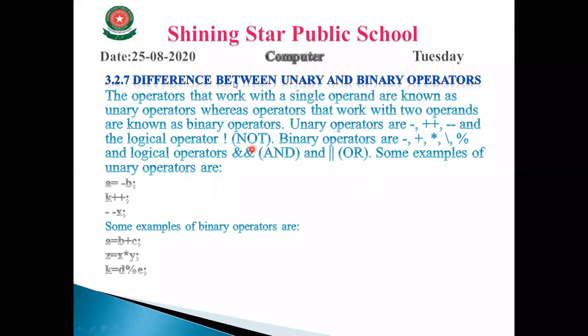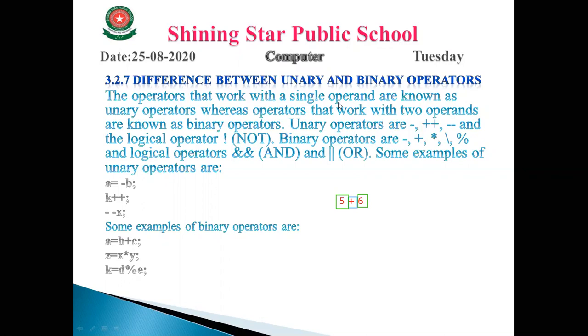As we know, let's suppose we write 5 plus 6. In this expression, this plus is called the operator, and the 5 and 6 are the operands because we apply the operator on 5 and 6.